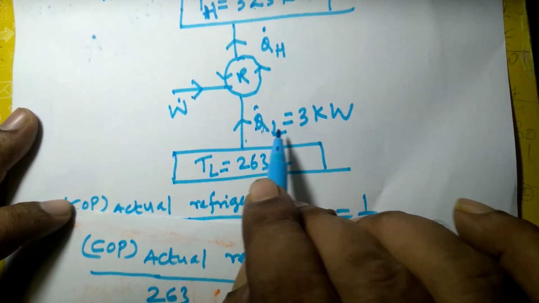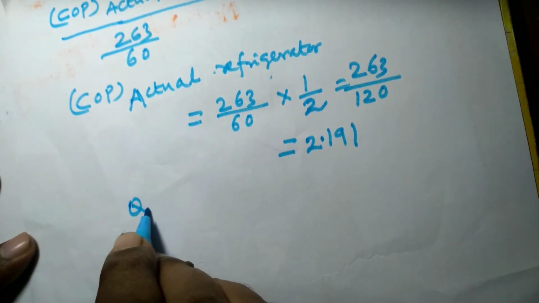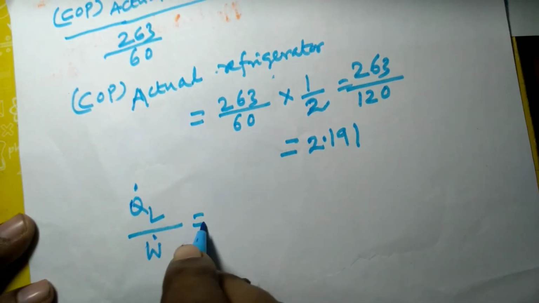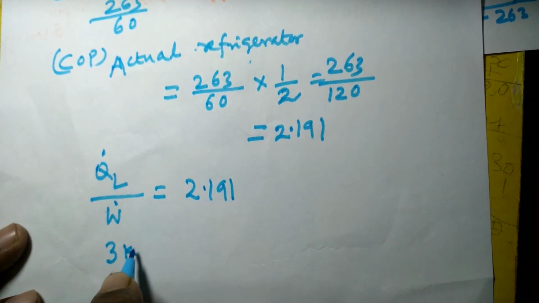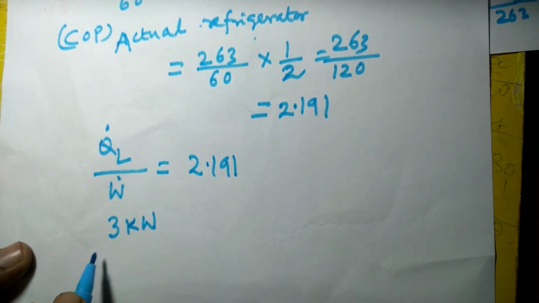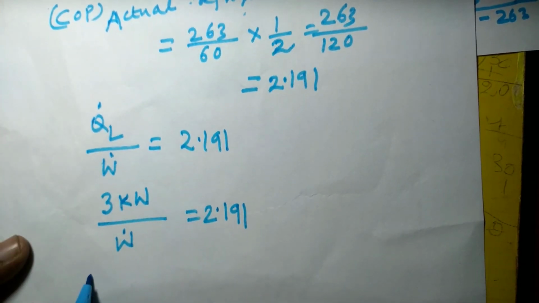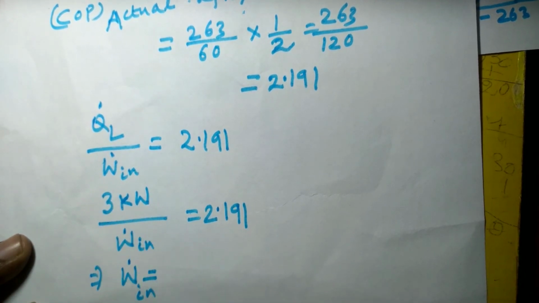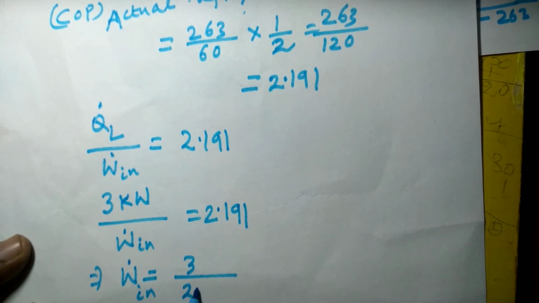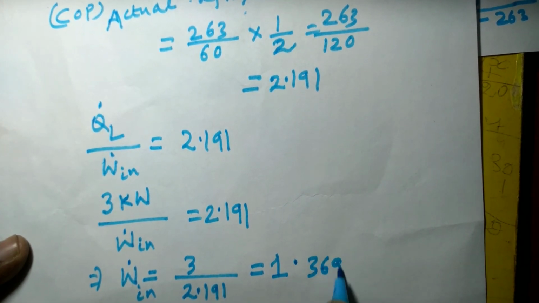The desired effect is Q dot L divided by W dot, which is 2.191, and Q dot L is 3 kilowatt, the load given in the question, divided by W dot is equal to 2.191. So from here we find W dot, the work input, is equal to 3 divided by 2.191, that is 1.369 kilowatt.